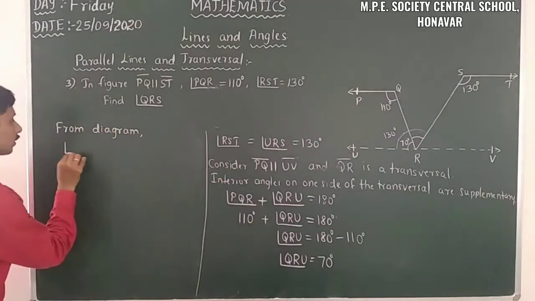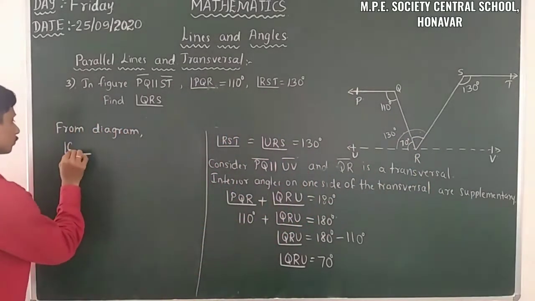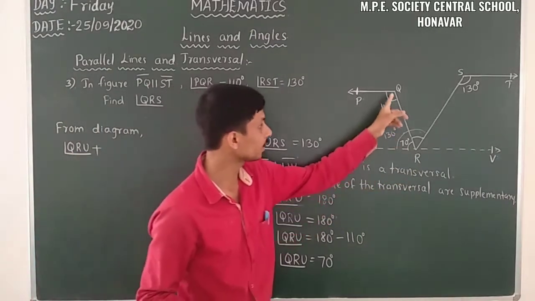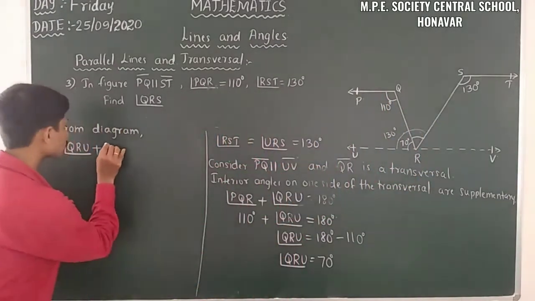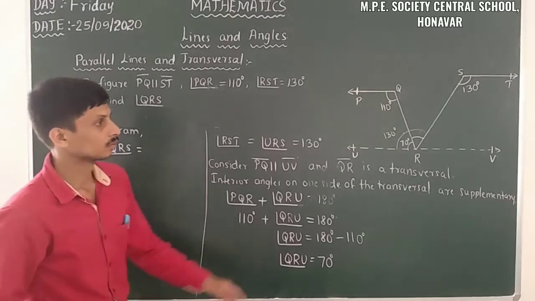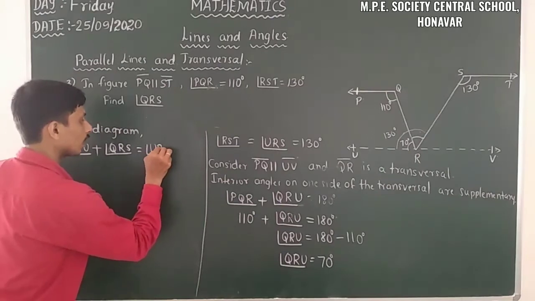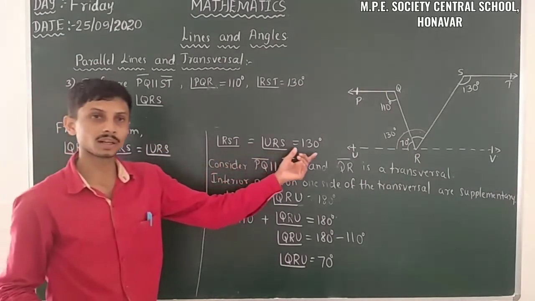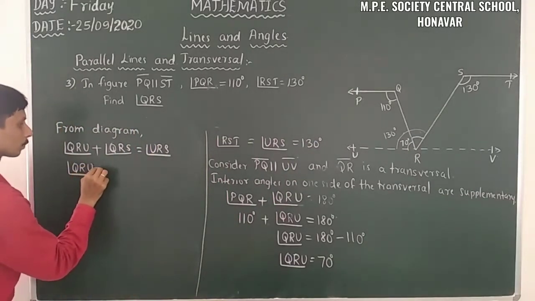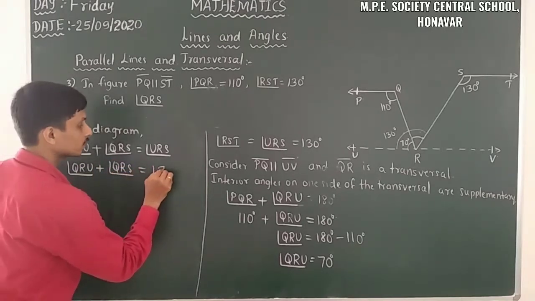So angle QRU, or URQ, I will take QRU, plus angle QRS is equal to angle URS. We have the value of URS as 130 degrees. That's why angle QRU plus angle QRS is equal to 130 degrees.